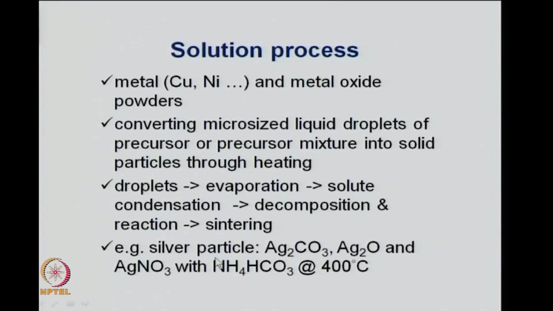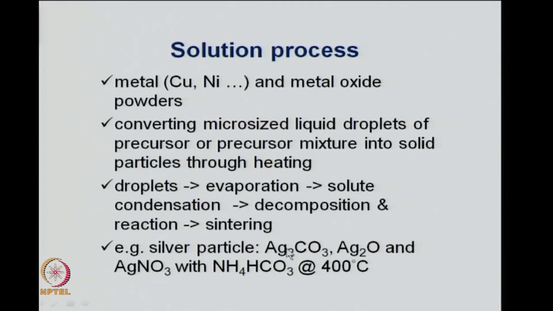So, as an example, if you want silver particles, you can start with silver carbonate, silver oxide and silver nitrate, and you can make a precursor mixture with ammonium bicarbonate and heat it at 400 degrees. The initial droplets will be micron sized liquid droplets of these precursor mixtures.